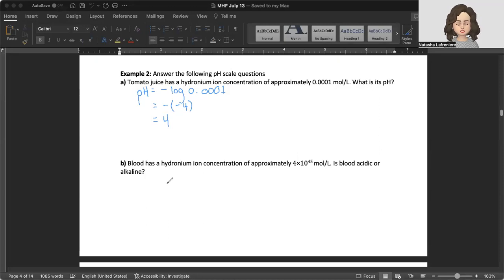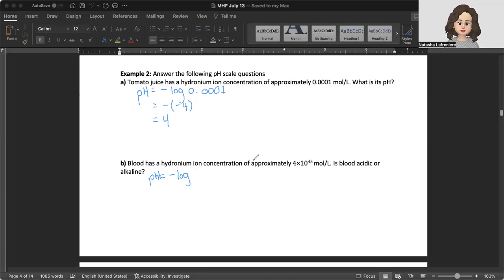Okay, so blood has a hydronium ion concentration of approximately 4 times 10 to the exponent negative 7 moles per liter. Is blood acidic or alkaline? Okay, so we do our pH is equal to negative log of our H ion, that's supposed to be capital H. Excuse me.